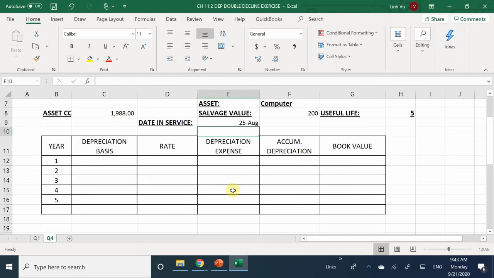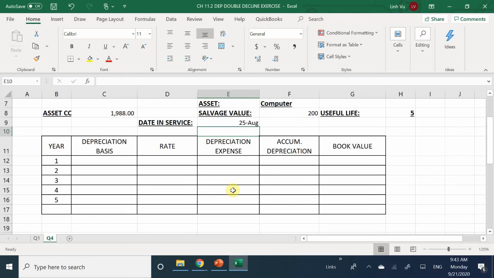Because we placed it in service on August 25th, can we depreciate the month of August? No, because it's already past the half mark. There's no point to depreciate it. So we're gonna depreciate for September, October, November, and December. So how many months is that? 4 months, okay?